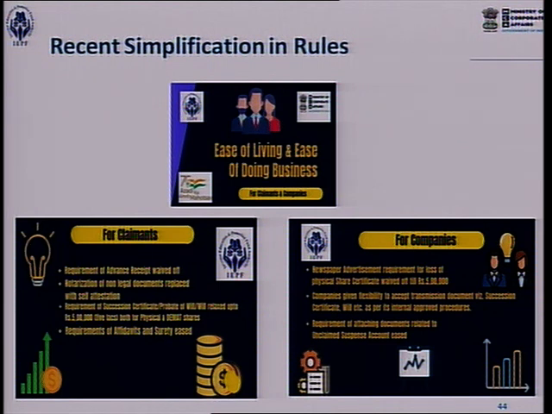Similarly, for companies, newspaper advertisement for loss of share certificates valued at less than 5 lakhs has been done away with. Companies have been given flexibility in accepting transmission documents. Then the requirement of attaching complete documents in case of unclaimed suspense account has been done away with. We receive and solicit regular feedback from all our stakeholders to improve our processes and make them faster, transparent, and more responsive.